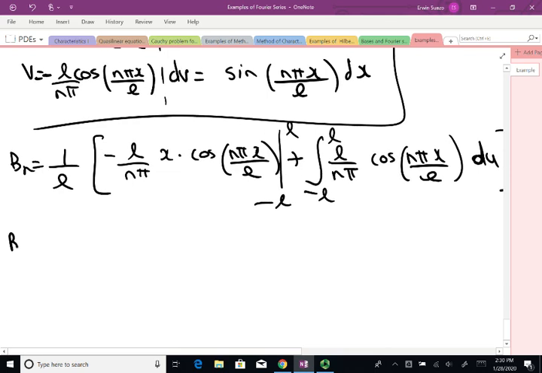Okay, here we go. So b sub n is 1 over L. Then when I plug in L, I would obtain minus L squared over n pi, and then cosine n pi, right?